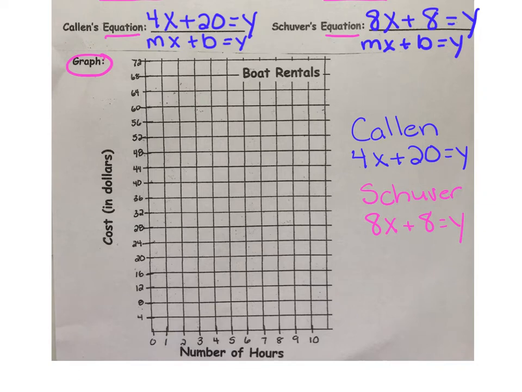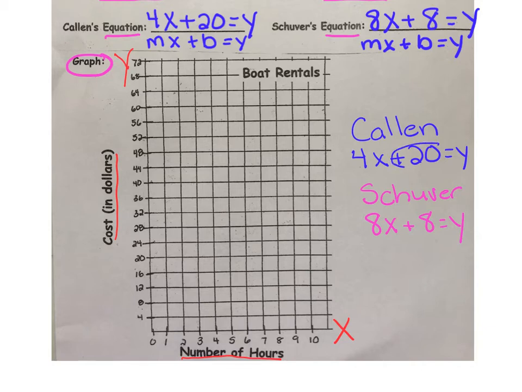Let's take a look at the x-axis first. That represents the number of hours x that you are out on the lake. And the y-axis, well, that represents the cost in dollars. Let's first graph the Cala equation.